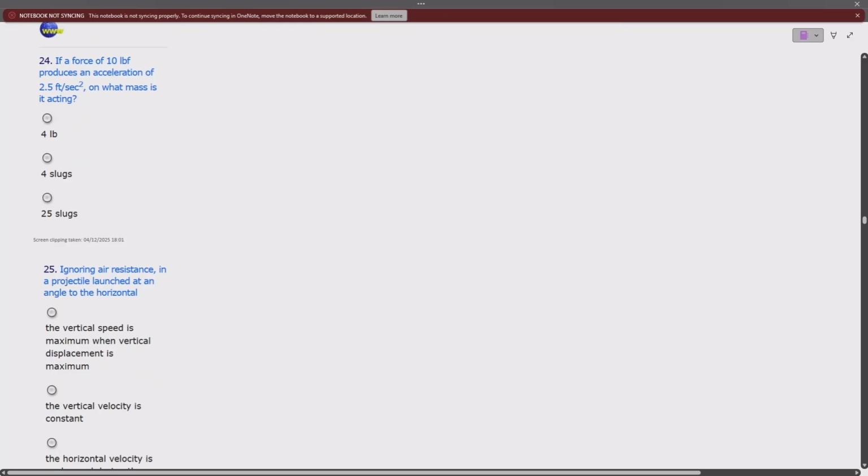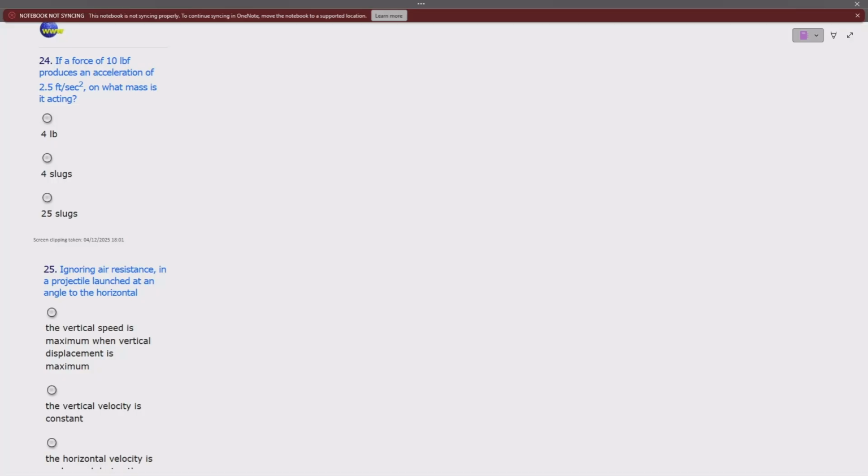Let's jump straight into question number 24. It says if a force of 10 pound force produces an acceleration of 2.5 feet per second squared, on what mass is it acting? So force equals mass times acceleration. If you make mass the subject, you get force over acceleration. The force has been given as 10 pound force divided by 2.5 feet per second squared.